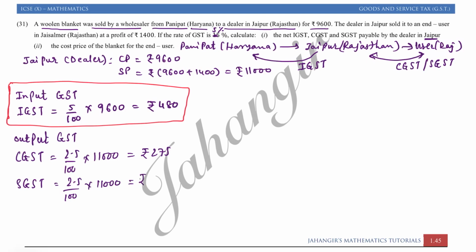That is equal to rupees 275. This output GST has been collected from the end user. End user had paid rupees 275 tax as CGST and rupees 275 as SGST. Now how has this 480 been utilized? So here you have to write utilization of tax.